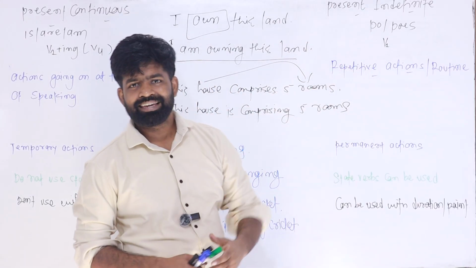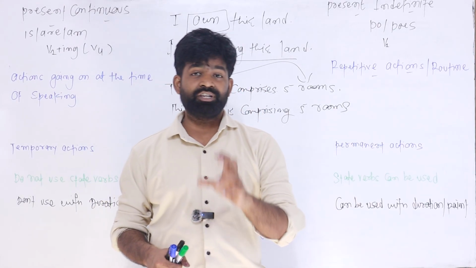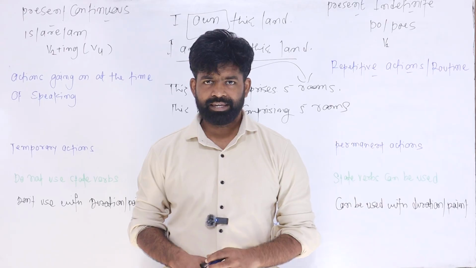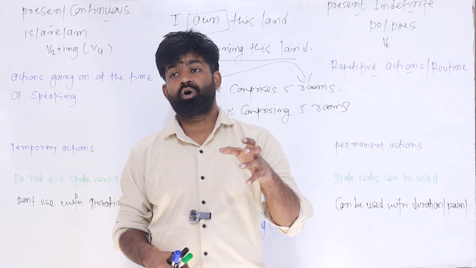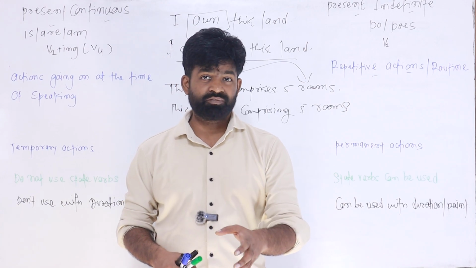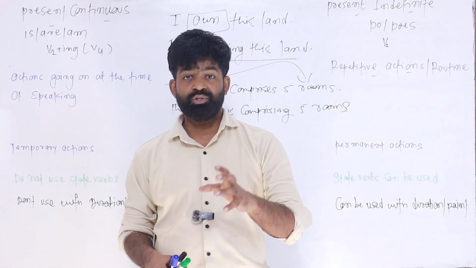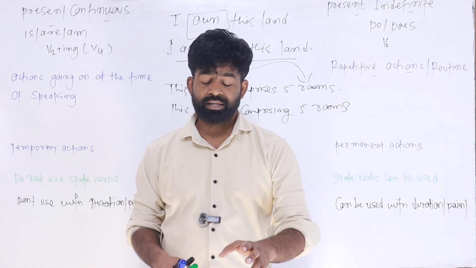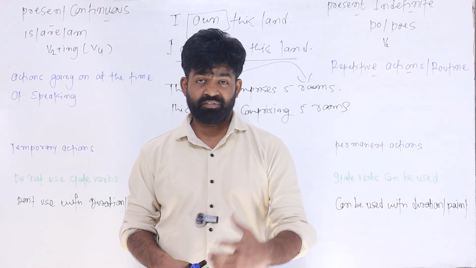If I say I teach English for 2 hours, it means I'm talking about my routine. It means on a daily basis I teach English for at least 2 hours. So definitely I can use duration and point of time with present indefinite tense.